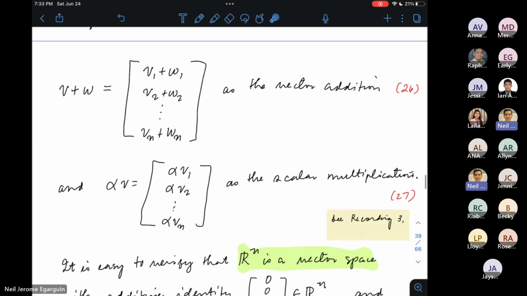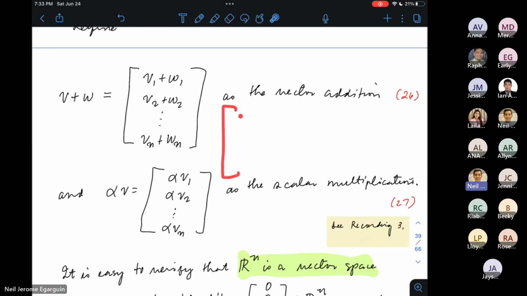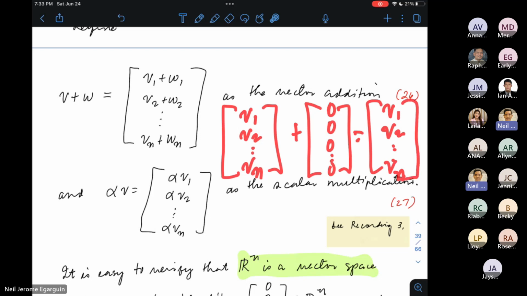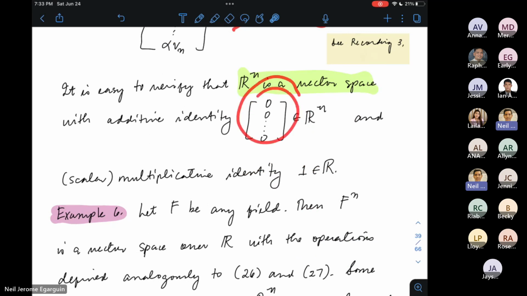Kasi pag si V1, V2 until Vn ay dinagdagan ko ng 0, 0, 0, ang sagot ay si V1, V2 until Vn pa rin. Right? So that means this vector here will preserve the identity of any other vector under vector addition. That's why this guy is called the additive identity. And usually we call this the zero vector.